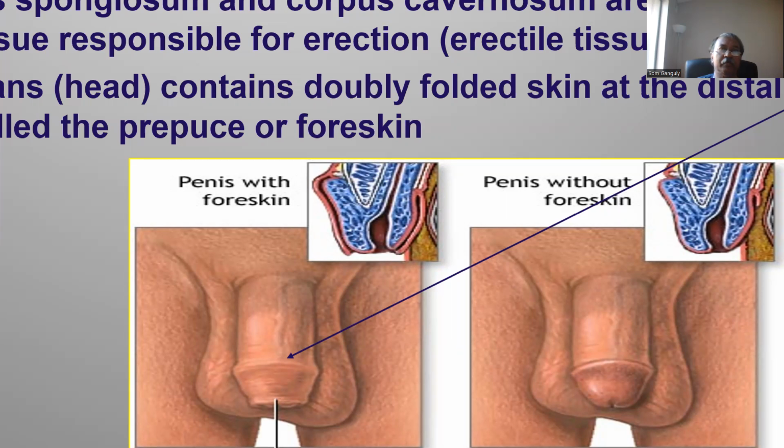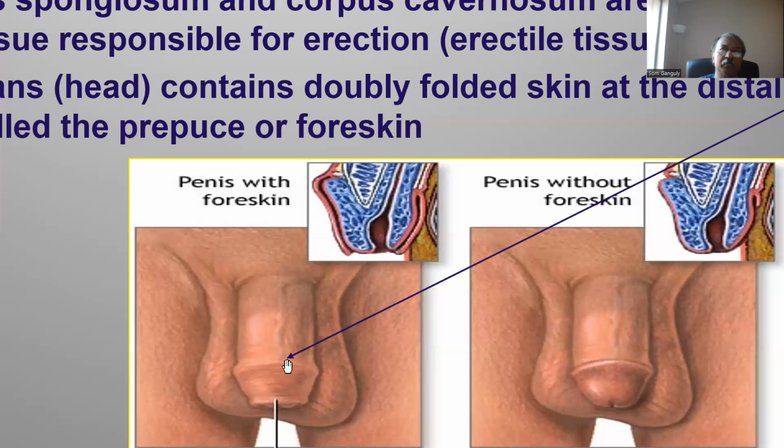When the nerve sends out an impulse that erection is not needed anymore, then the corpus cavernosum and spongiosum, which is all around the urethra, will release the blood to go back to the pudendal artery where it comes from.